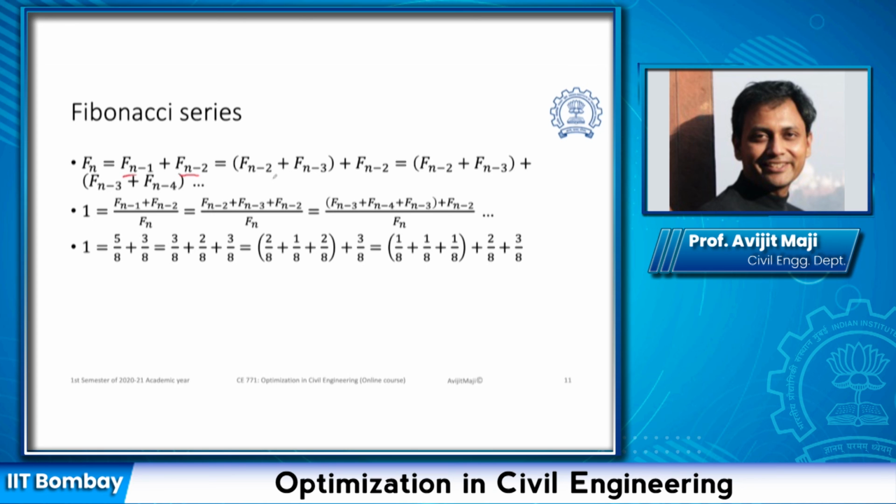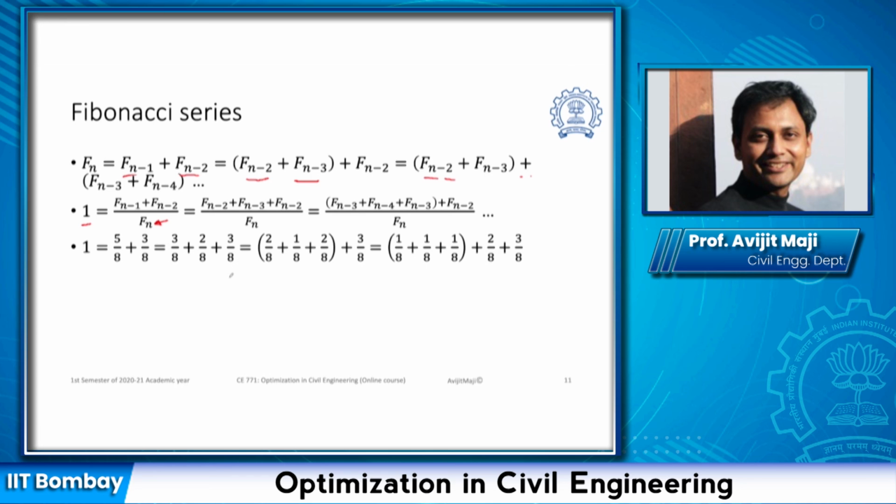So when we look at just the previous number, that is the summation of the previous to that number and the previous-to-previous of that number. Here we see that if we keep on decomposing, we keep on increasing the fractions. Now once we scale it to 1, we can say that all these numbers, if we add them, will give us 1 if we divide by the main number which we are trying to find out.